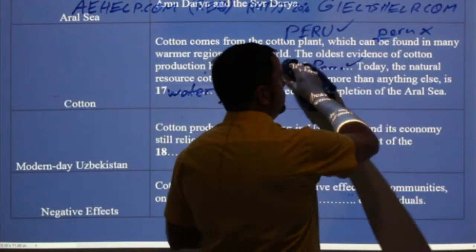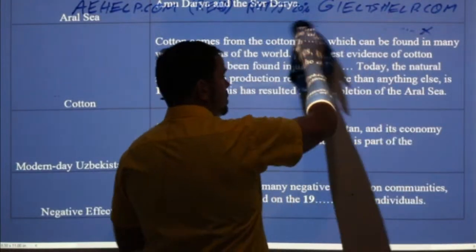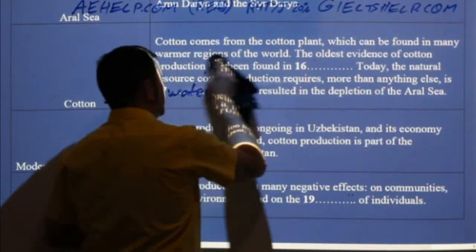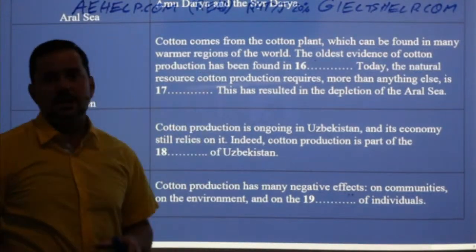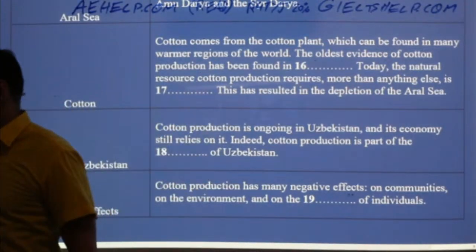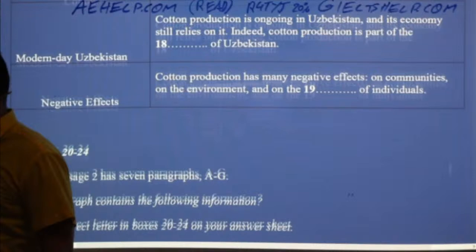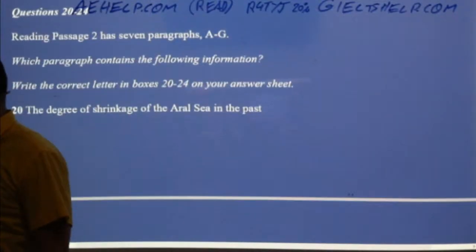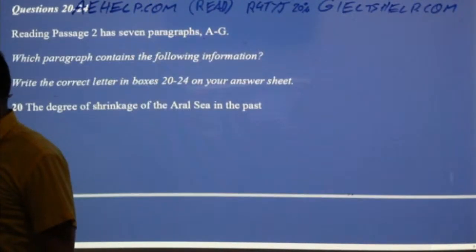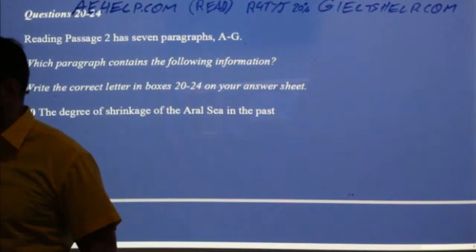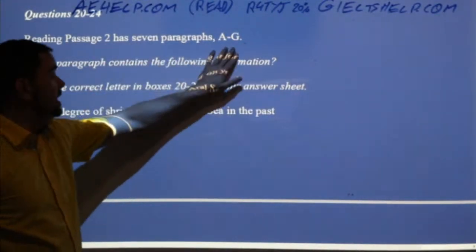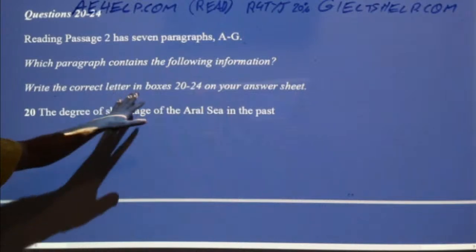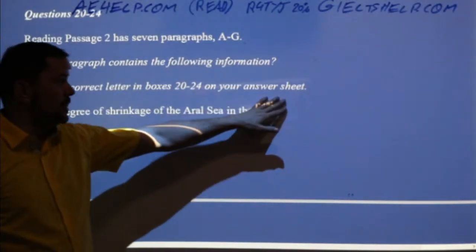So I want to show you that when you use the correct reading strategy and you don't overcomplicate, especially for reading passages that are very visual, like this one, talking about the Aral Sea. Here it says, reading passage 2 has 7 paragraphs A to G. Write the correct letter in boxes 20 to 24 on your answer sheet.